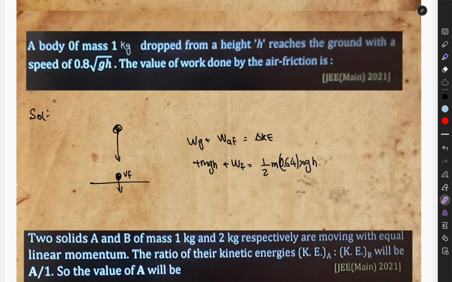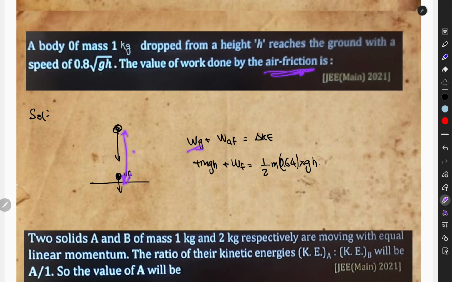So when it is dropped, definitely the initial kinetic energy will be zero because the velocity is zero. So there will be two forces acting, which is air friction and gravity.